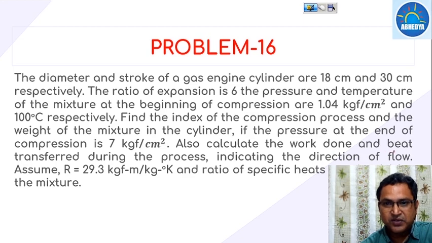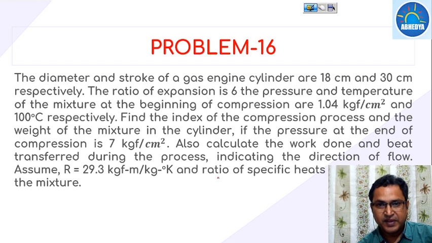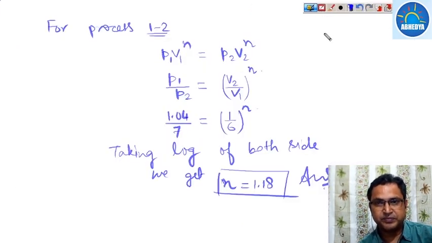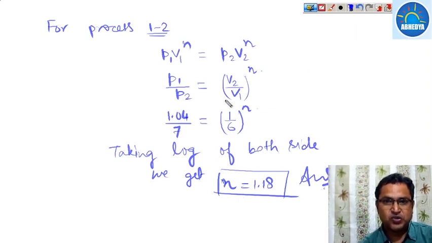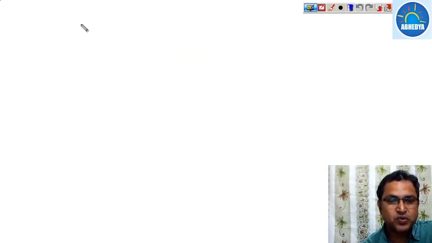Also calculate the work done and heat transferred during the process, indicating the direction of flow. Assuming R is 29.3 and specific heat ratio is equal to 1.4. So this much is the compression index. Now the work done from process 1 to 2.